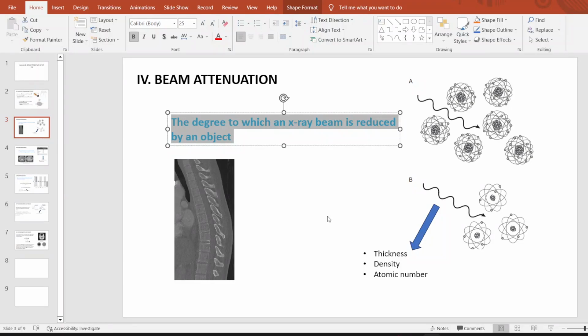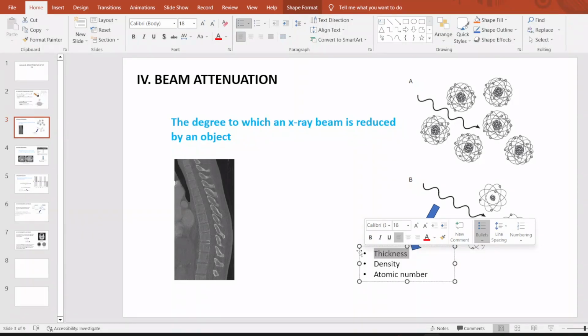This reduction in the intensity of the X-ray beam is called beam attenuation. And that reduction phenomenon depends on the thickness, the density, and the atomic number of the material.